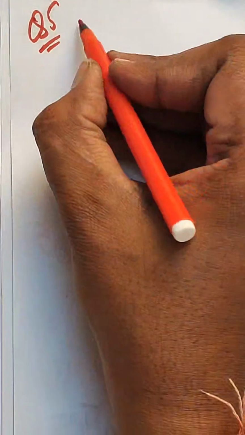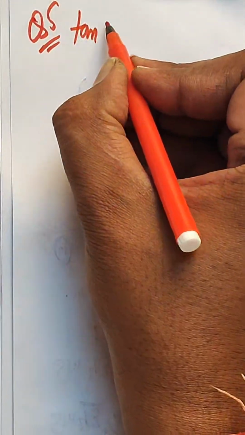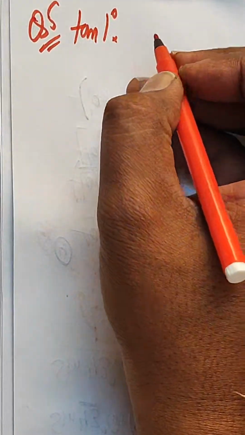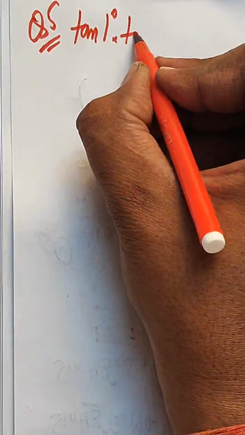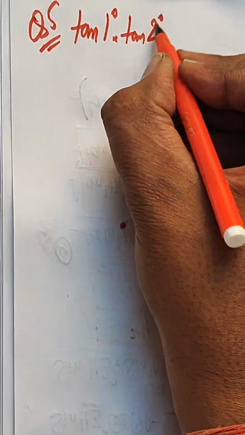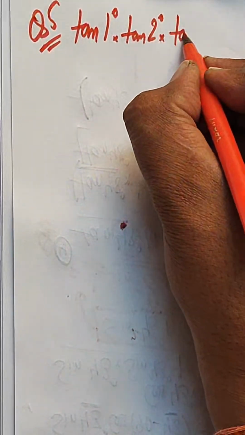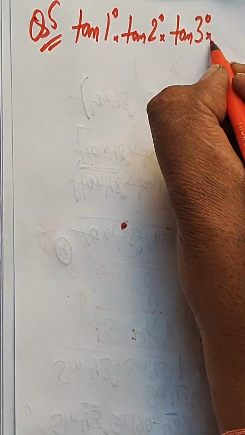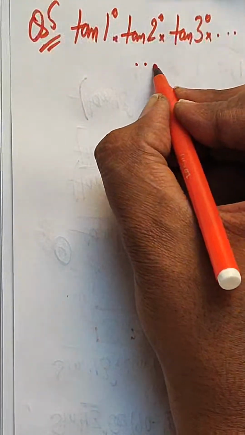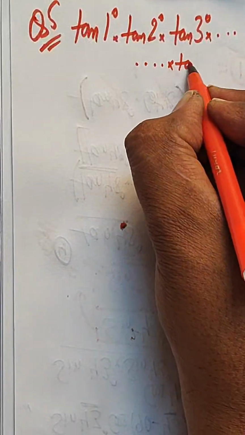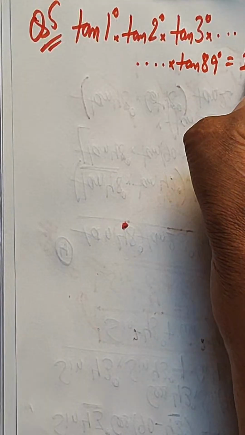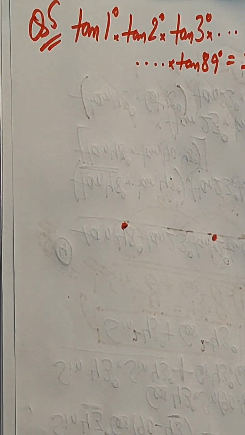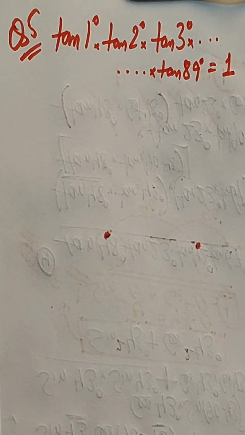We need to prove that tan of 1 degree multiplied with tan of 2 degree multiplied with tan of 3 degree multiplied with dot dot dot, multiplied with tan of 89 degree is equal to 1.